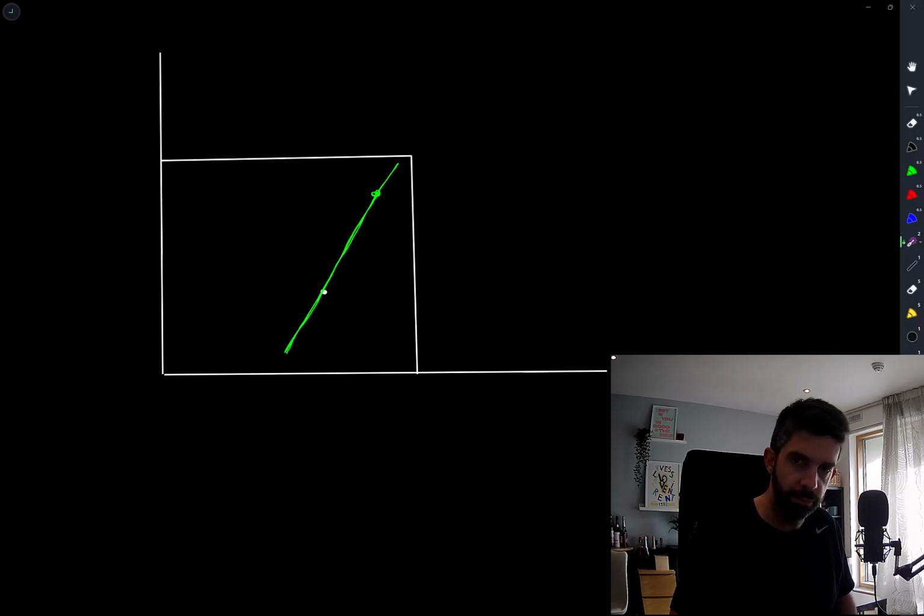And we want the probability that the slope is greater than or equal to a half. So what I'm going to do instead is shade the region of the square where the corresponding point would result in the slope we want.